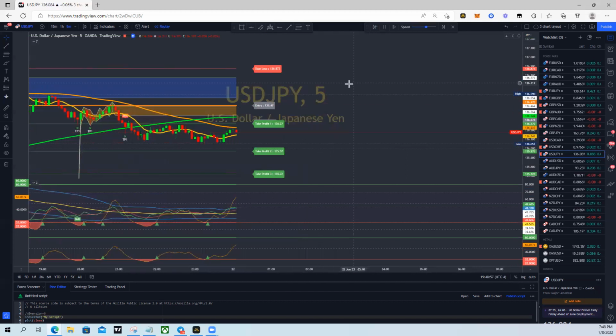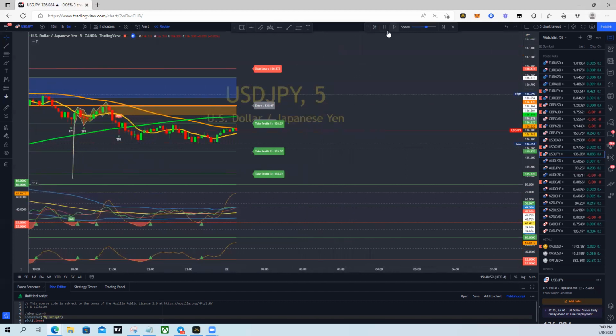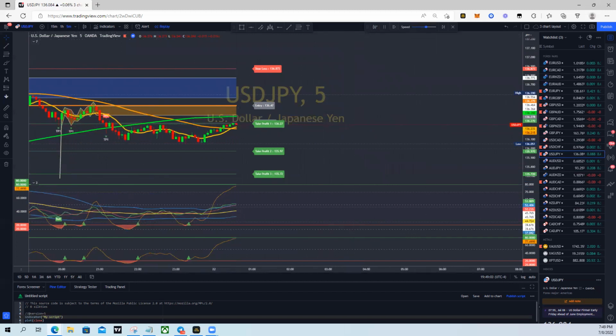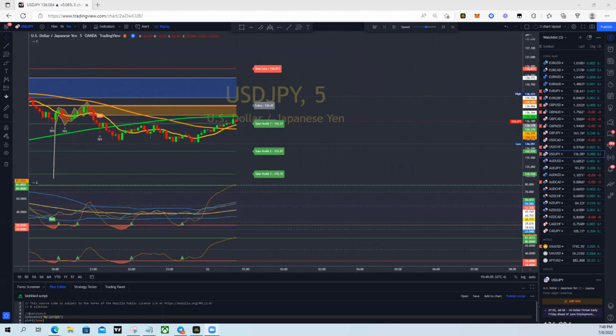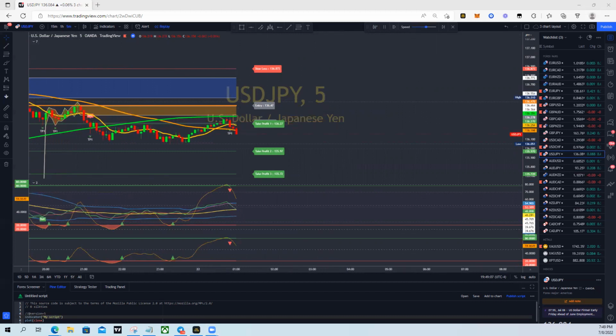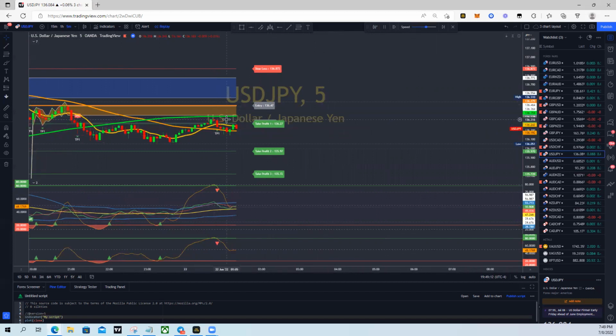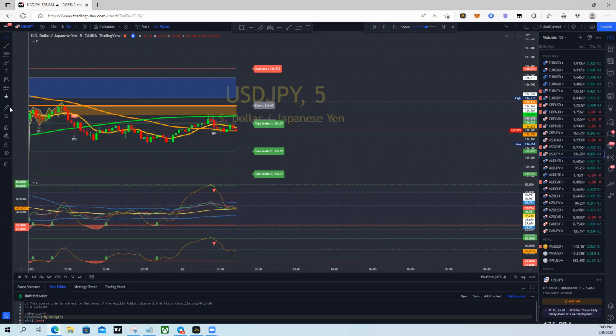See if we can get a retest. I want a retest. I want to see if I can get a retest of the zone. My fault, you guys.